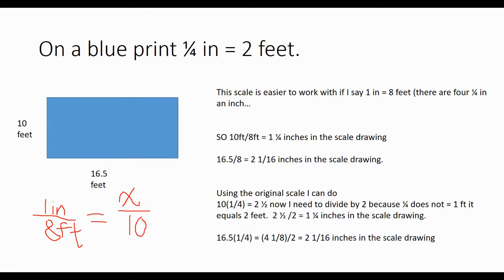And then I can just simplify. It kind of goes to show you guys that really here, I've just done 10 times 1 and gotten 10. And then I know I have left over to divide by my 8. And that gives me the 1 and 1/4 inches.